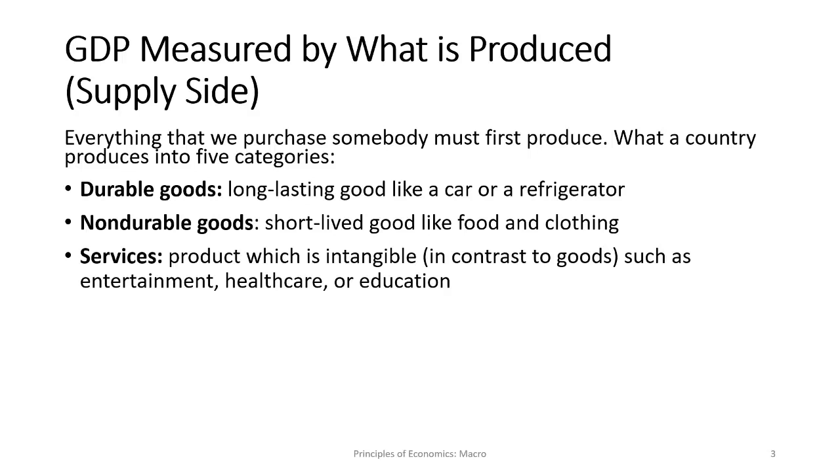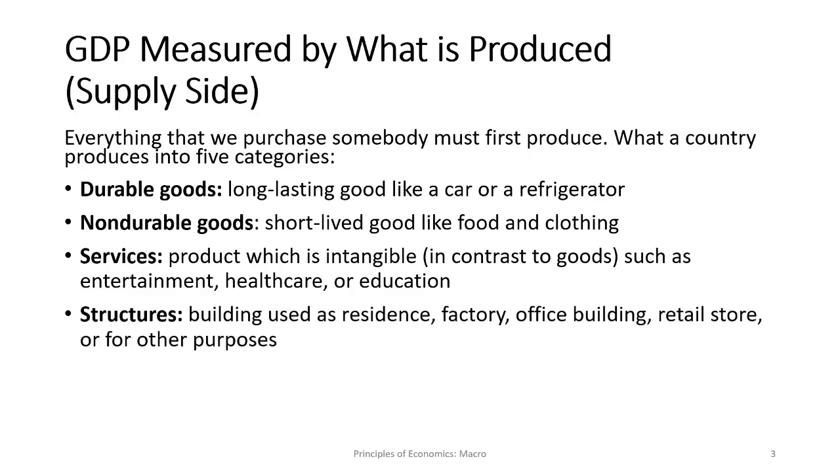Then there are services. These are products which are intangible, such as entertainment, healthcare, education. For example, this class is a service that you are buying, and I am the one who is producing this service through Siena College. And then there are structures. These are the buildings used as residences, factory, office building, retail store, or for other purposes.